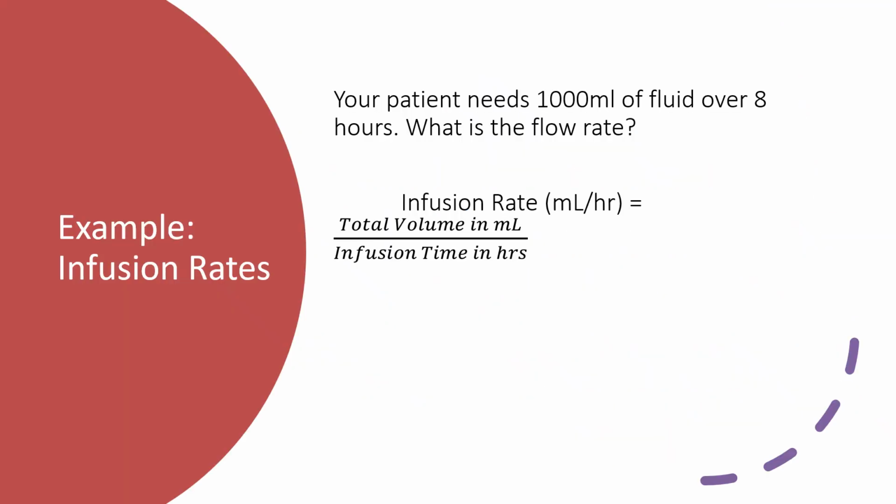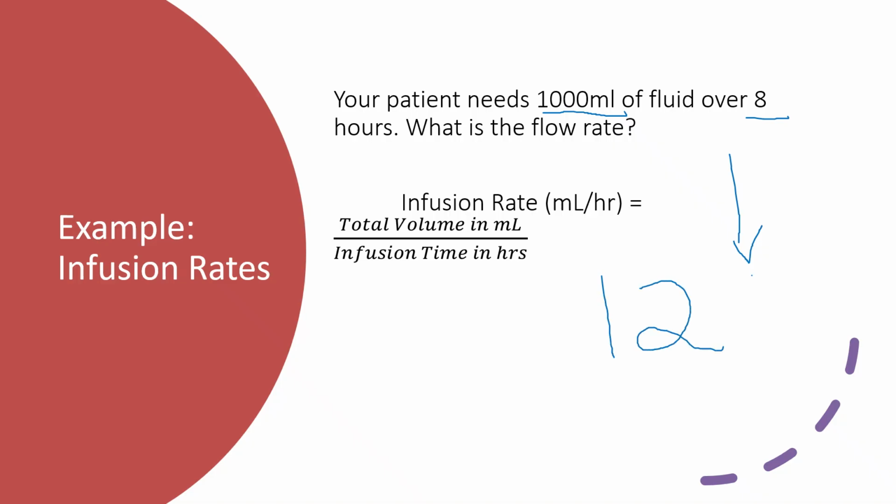Your patient needs 1,000 mils of fluid over 8 hours. What is the flow rate, mils per hour? Total volume in mils divided by time in hours. So here you're just going to take 1,000 mils, so plug that into your calculator, divide it by 8 hours, and you all should get the answer of 125.